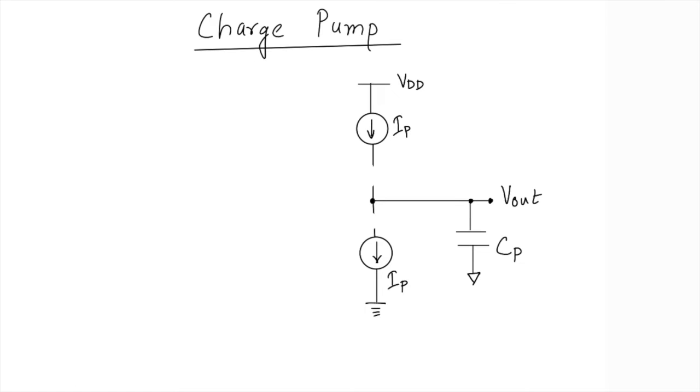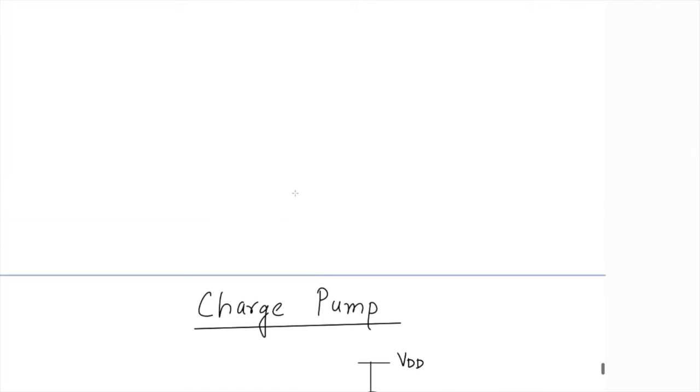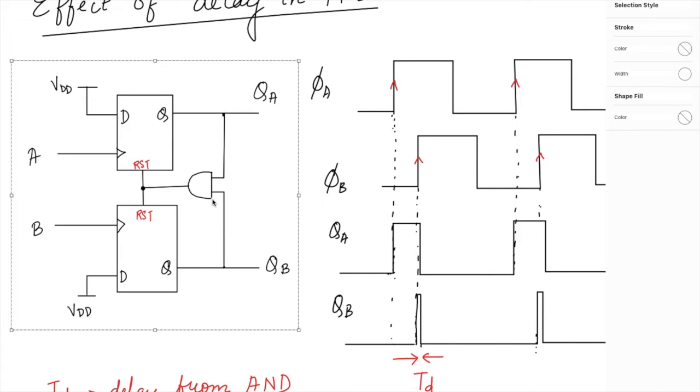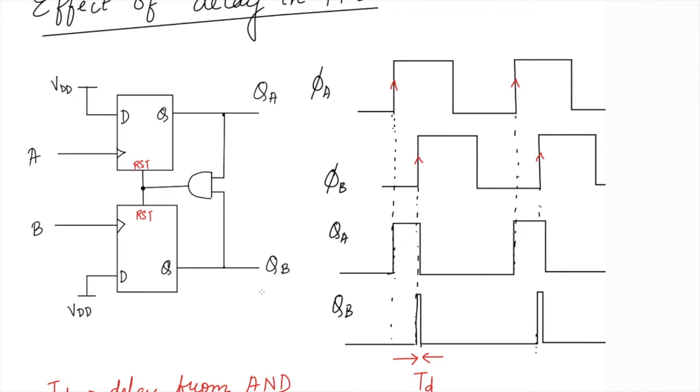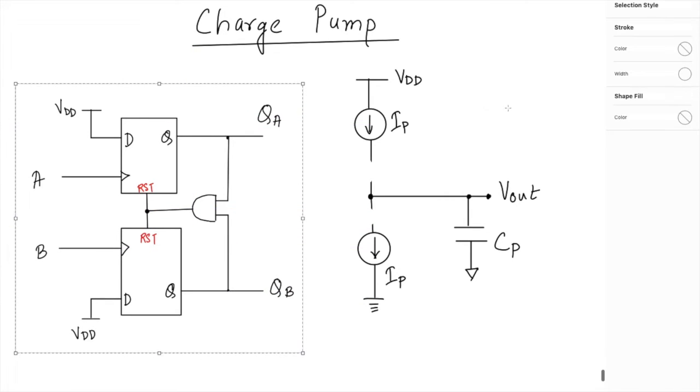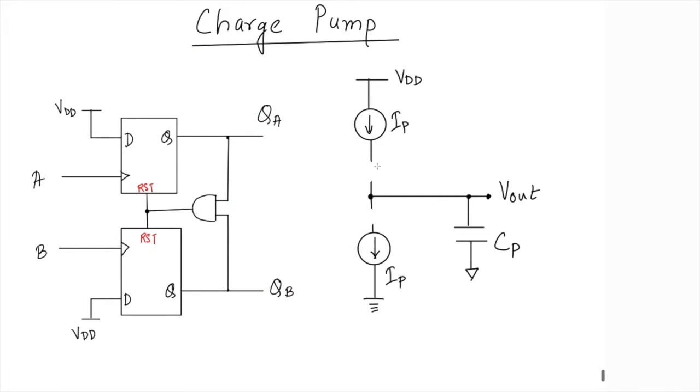Okay, so now what we are going to do is go back to the phase detector, and we will use this QA and QB to turn on the current source either in the up one or in the down one.